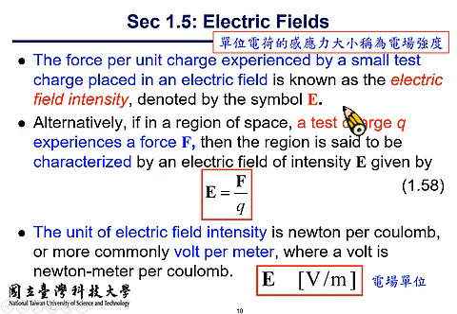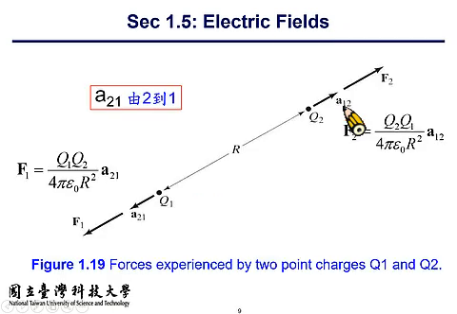And one interesting thing about this is, if there is a charge Q2 placed here, and if you have another charge Q1 placed over here, of course, Q1 will experience the force F1 from Q2.